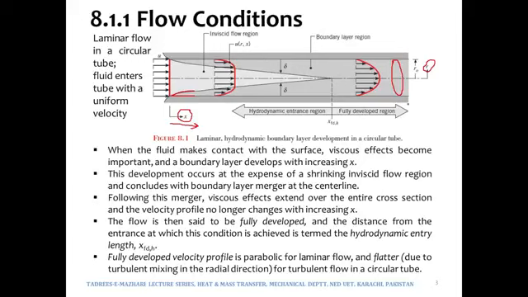So if we consider the whole inner surface of the pipe, you should be able to visualize that from each and every point on the inner surface of the pipe, a fluid is flowing over a surface, meaning convection would be taking place.